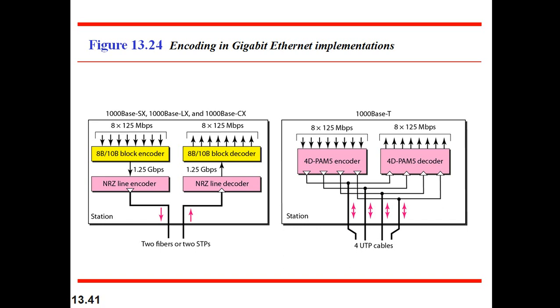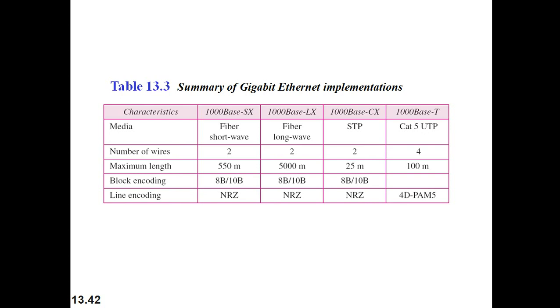The next one is the summary of gigabit Ethernet implementation. 1000BASE-SX uses fiber channels, that is shortwave.